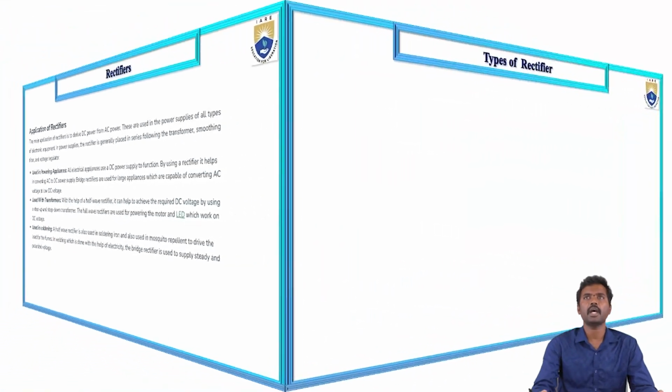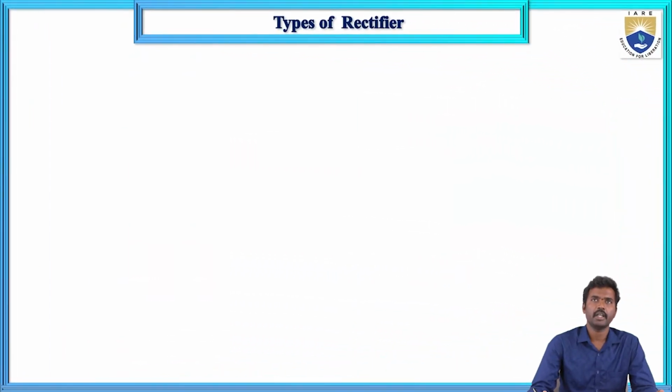So now here the types of rectifiers. What are the types? Based on the number of pulses, the rectifiers are divided into different types.